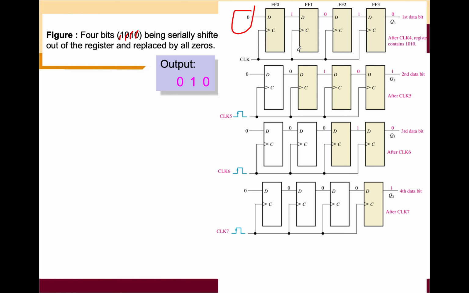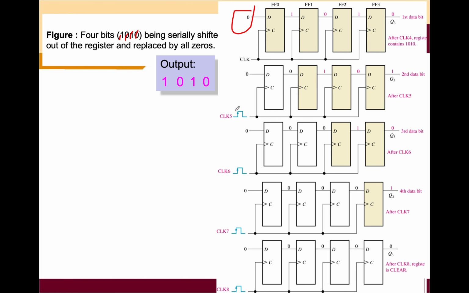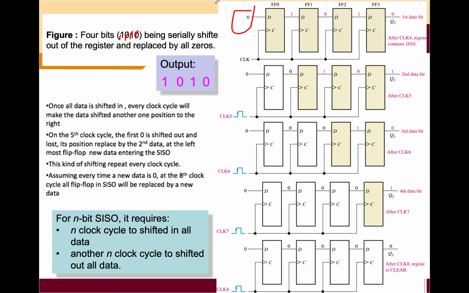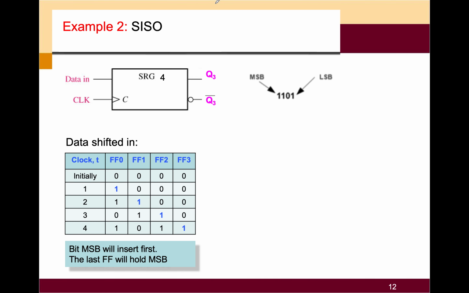So if you have 4 bits, you need to have another extra clock to fully finish the cycle. You can see over here the output is also 0 1 0 1 0. It can continue.